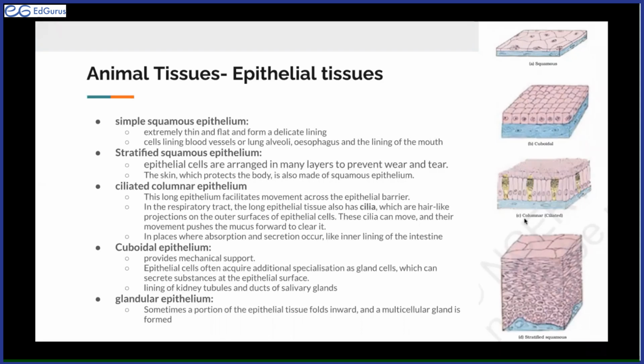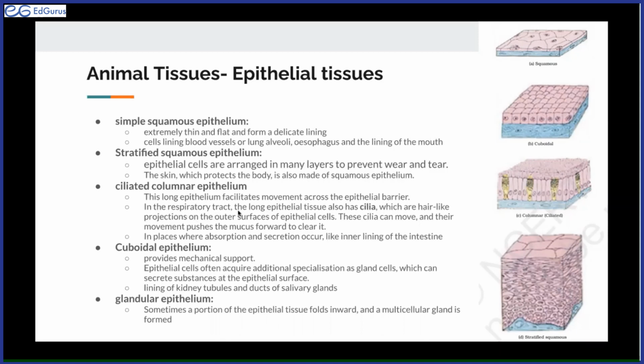We mentioned now that this epithelial tissue is permeable. So this particular type of epithelial tissue, that is, ciliated columnar epithelium, helps with this permeability. Meaning it helps with the transport of substances from one side of the epithelial tissue to the other side. Okay. So it helps with the movement of substances.